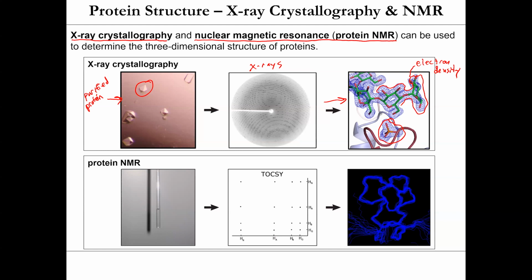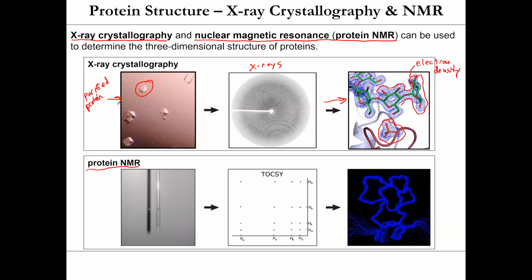Another method that you can use to determine the three-dimensional structure of proteins is protein NMR. I'm in no way an expert on protein NMR, but as far as I understand, one of the benefits is that you don't have to crystallize your protein.